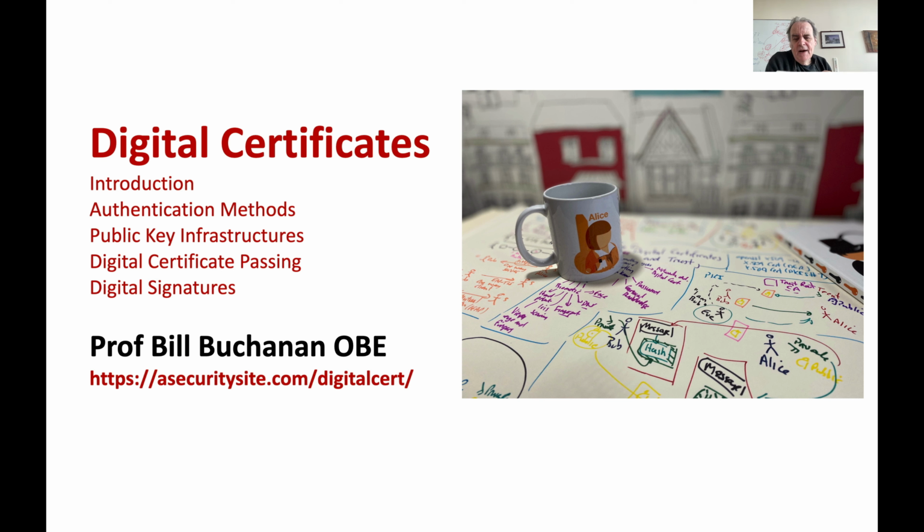So the problem that we have is, how does Alice get Bob's public key so that she knows that it isn't a fake key? For this, we use a digital certificate. A digital certificate can hold the public key and the private key for Bob, and it's signed by a trusted entity, Trent in this case, or Megacorp.